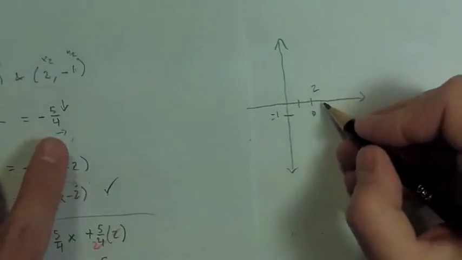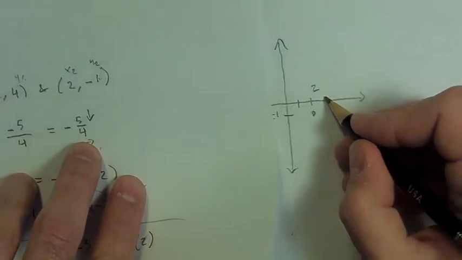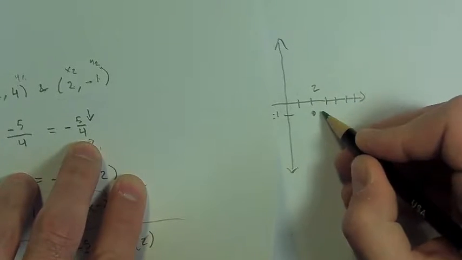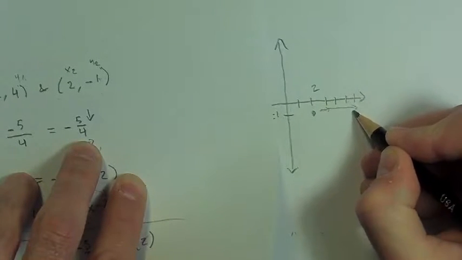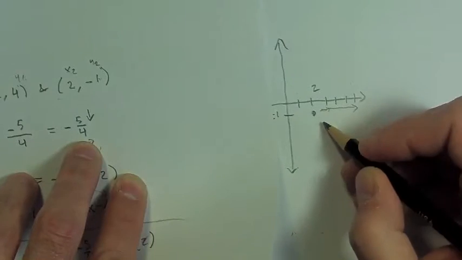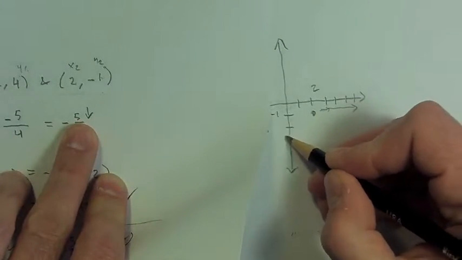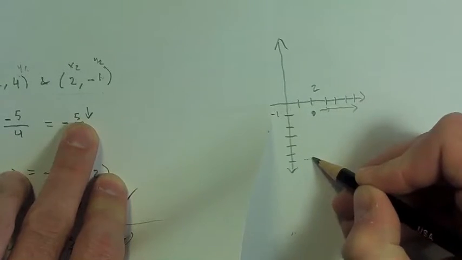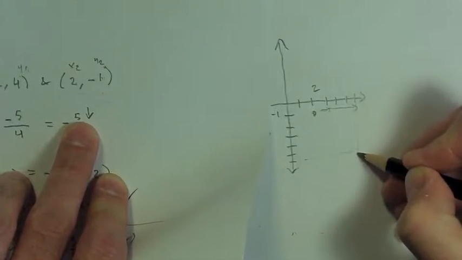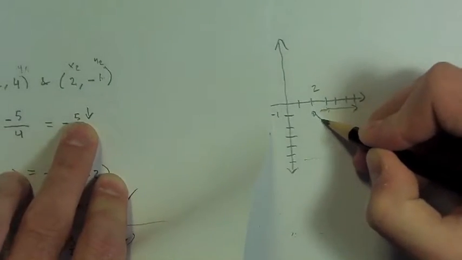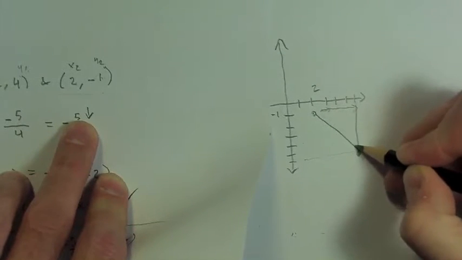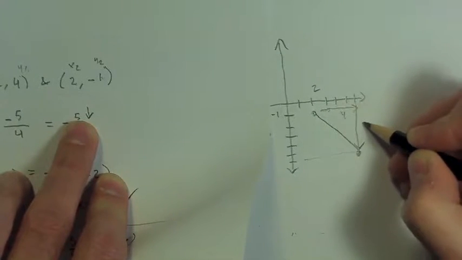So I'm going to go out 4. Alright, so 1, 2, 3, 4. And then I'm going to go down 5. 1, 2, 3, 4, 5. Okay. There we go. We went over 4, down 5.